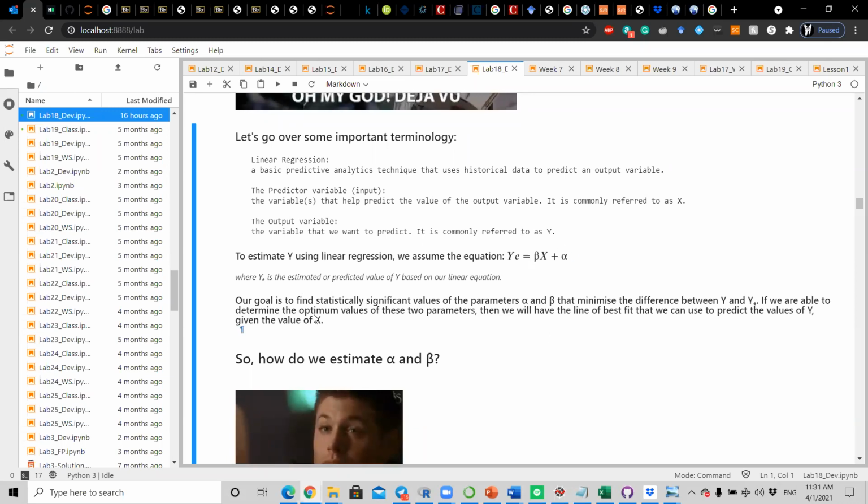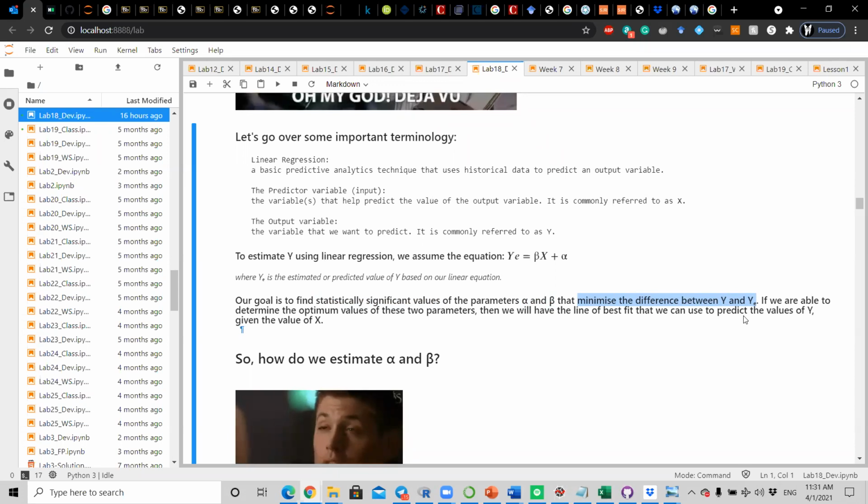Our goal is to find statistically significant values. Caden, this is specifically for you. Our goal is to find the statistically significant values of the parameters alpha and beta that minimize the difference between Y and YE. Why do we want to do that? Because we're going to estimate via YE to predict what our future Y values will be, and the closer they are to being correct, the better.